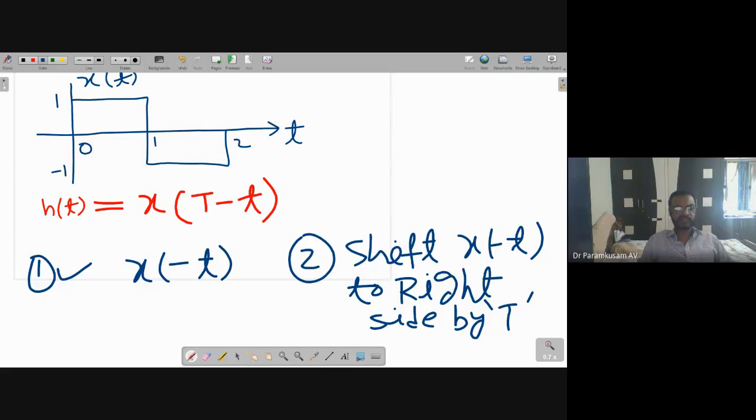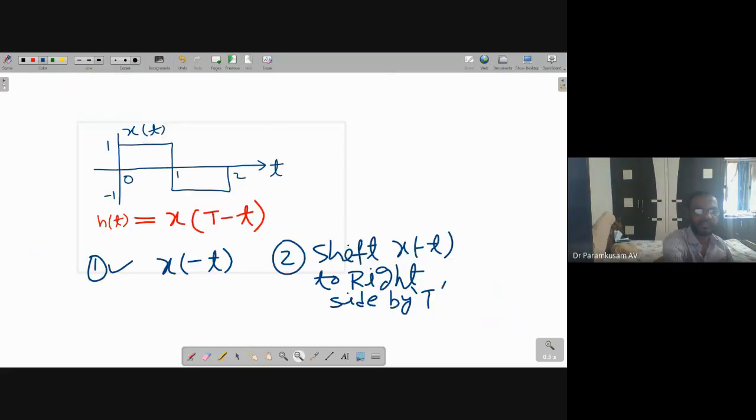First step is to obtain x of minus t, and the second step is to shift x of minus t to the right side by capital T.